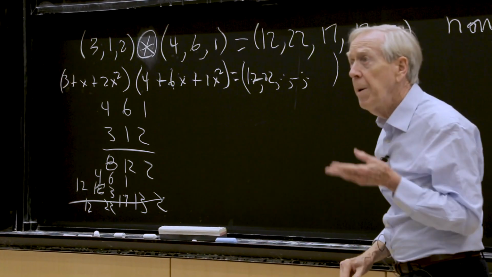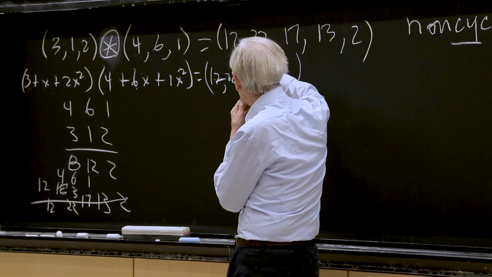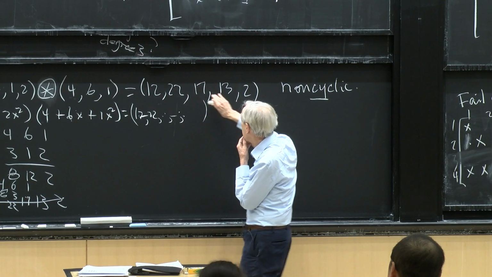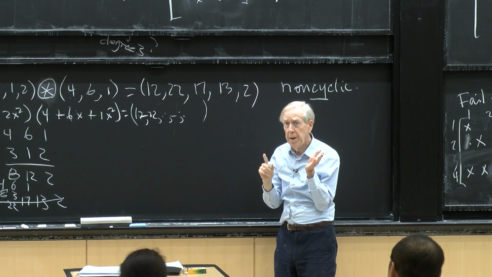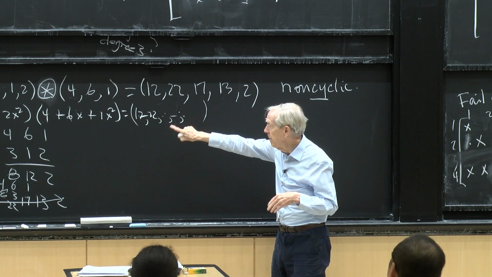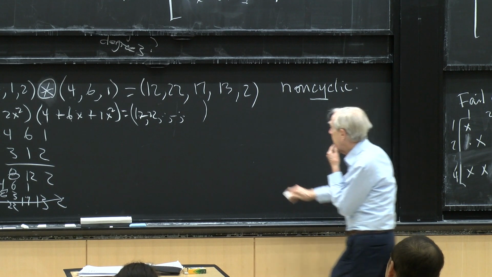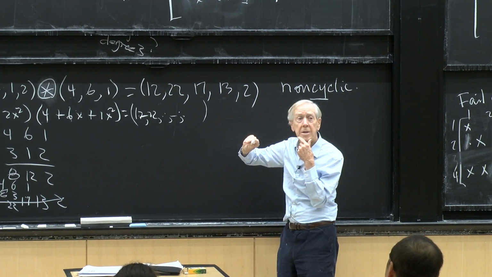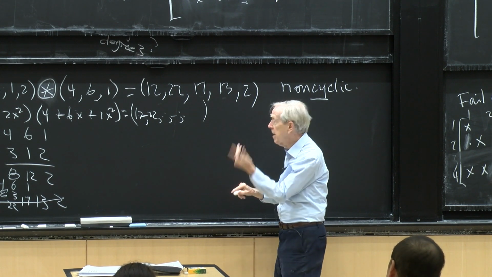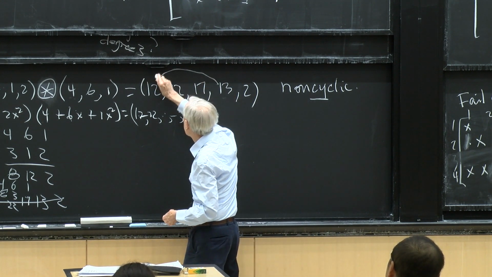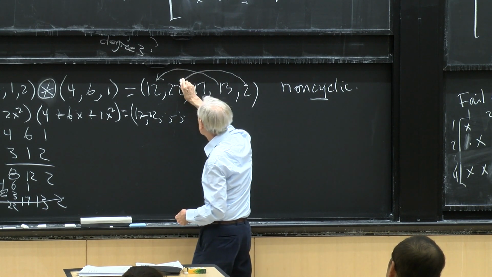What's going to happen when I make it cyclic? This represents 12, 22p, 17p squared, 13p cubed. What's 13p cubed if n is 3 and I'm doing 3 by 3 matrices? P cubed is I, so the 13 goes back there, and the 2 will be p fourth, and it goes back as p.